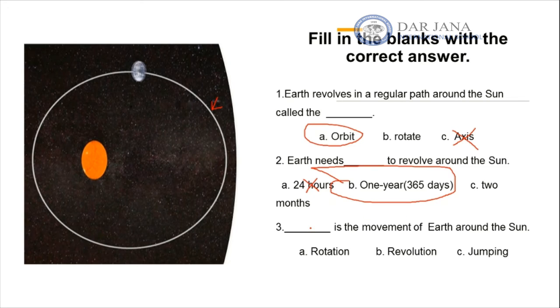Talking about revolution, let's see. What is the movement of Earth around the sun? What do we call the way the Earth moves around the sun? Do we call it rotation, revolution, or jumping? Of course not jumping. Of course not rotation, because it's not around itself. We call it revolution because it is around the sun.